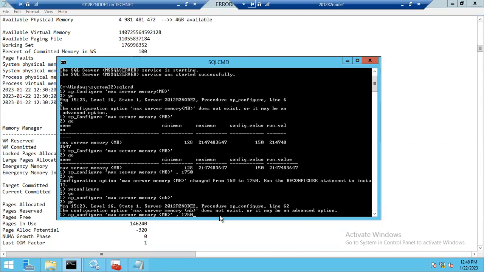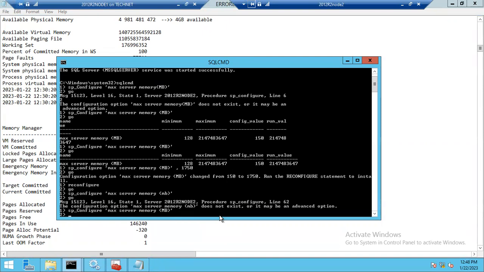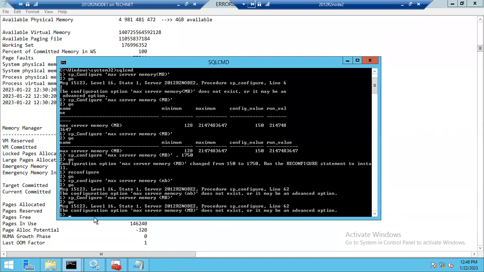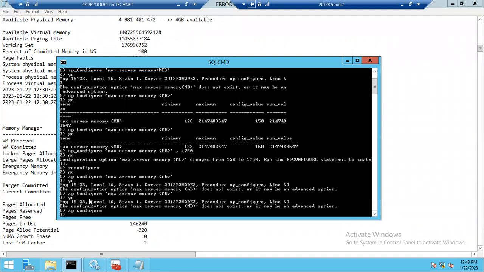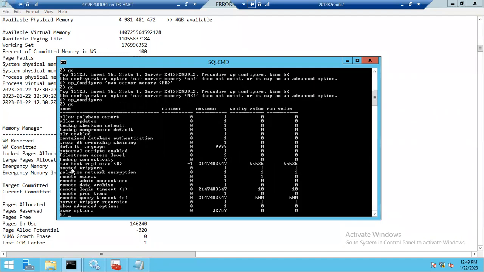What happened? I don't know. Okay, sp_configure max server memory, and if you execute, okay, I think the advanced option is disabled for some reason.